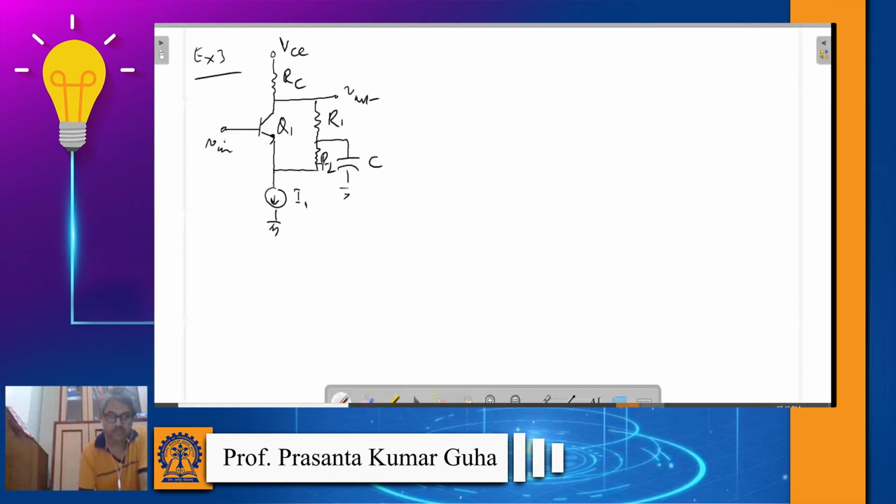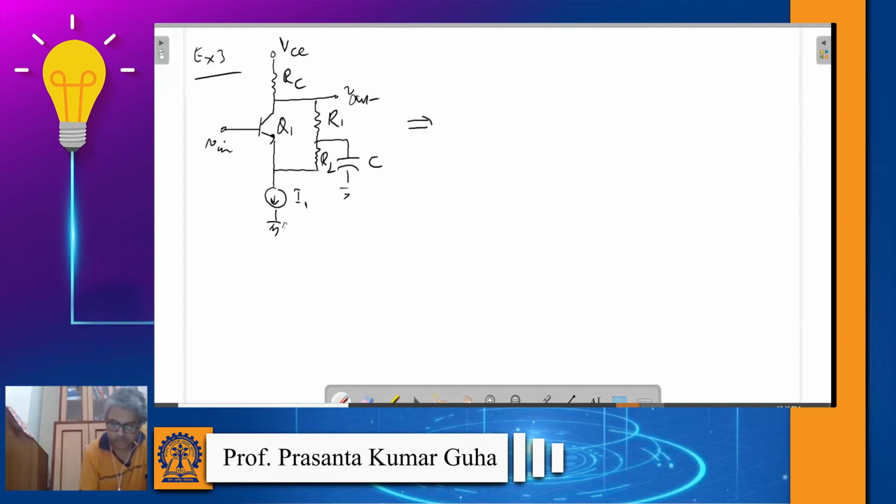Where this DC current, we have, sorry. Okay, so this DC current is basically we open circuit for the small signal model, and this DC voltage we short circuit, right?